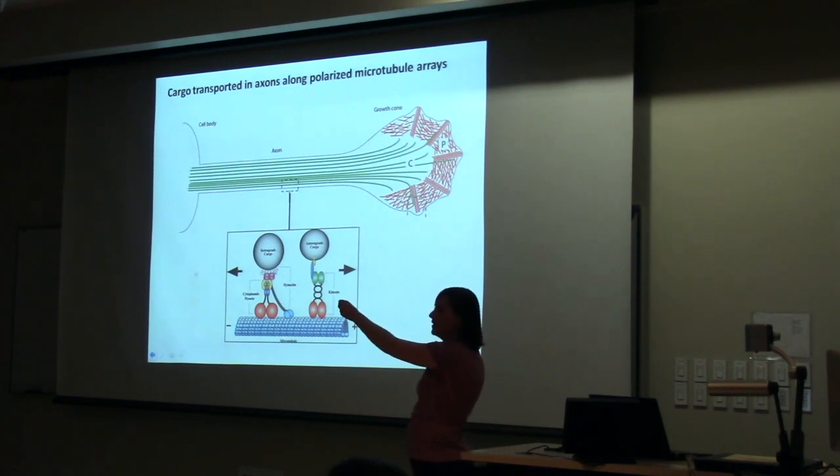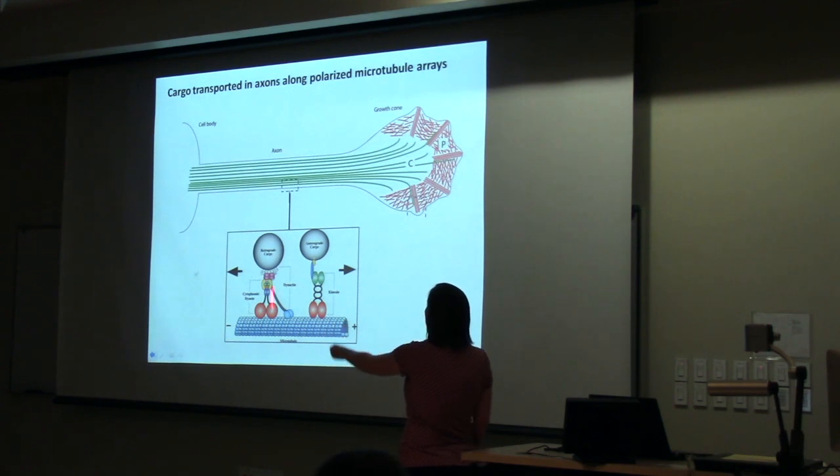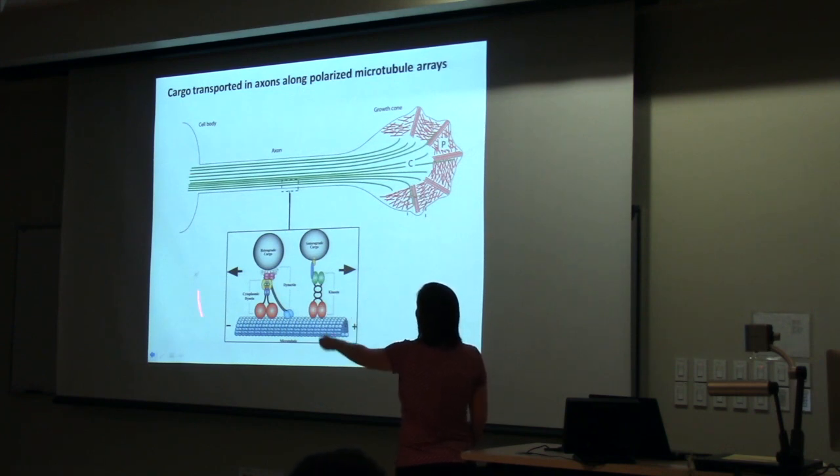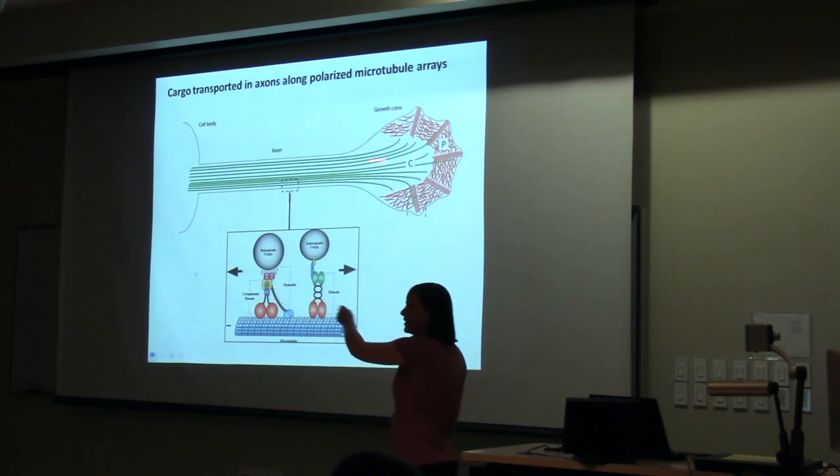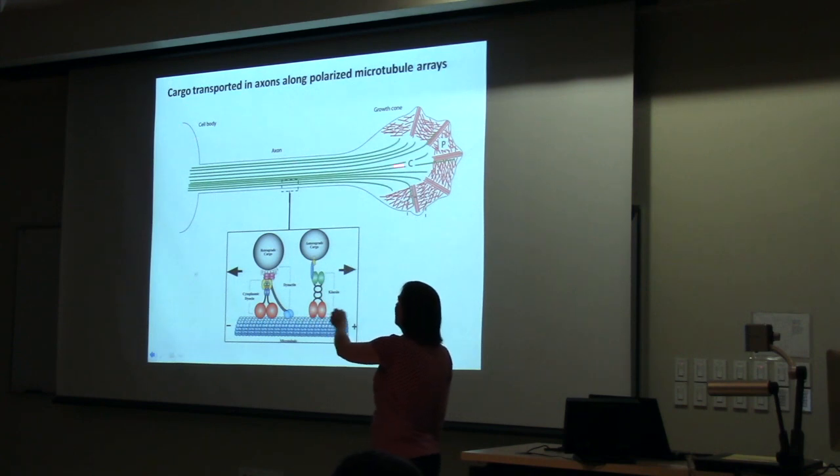And this is important because that allows certain types of motors, kinesins for example, to carry cargo toward the outside. And it allows other types of motors, for example a dynein, to carry things all the way back to the cell body. For this type of transport to happen in a predictable way, we need this road set up so that it's polar, with the plus ends all toward the outside.